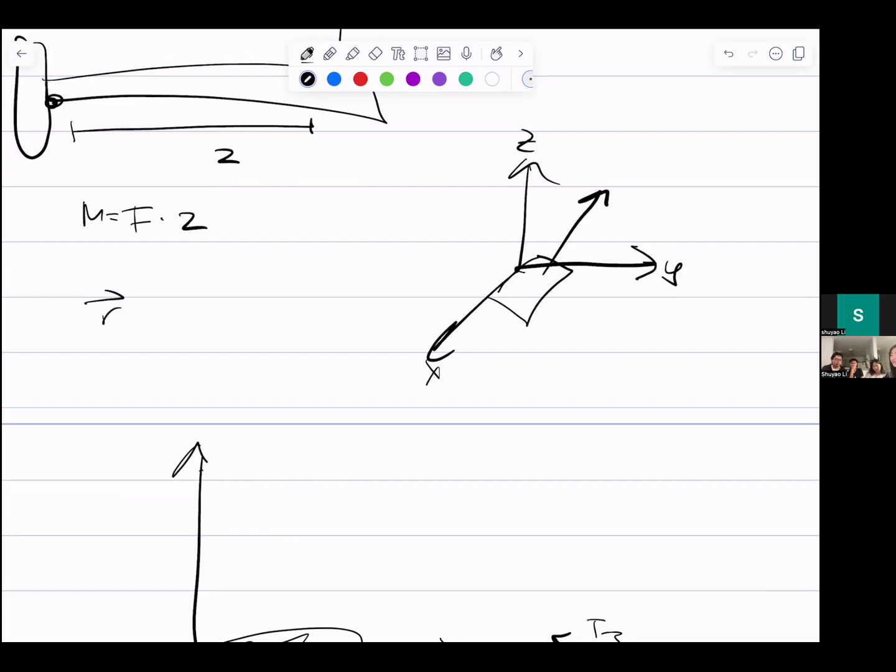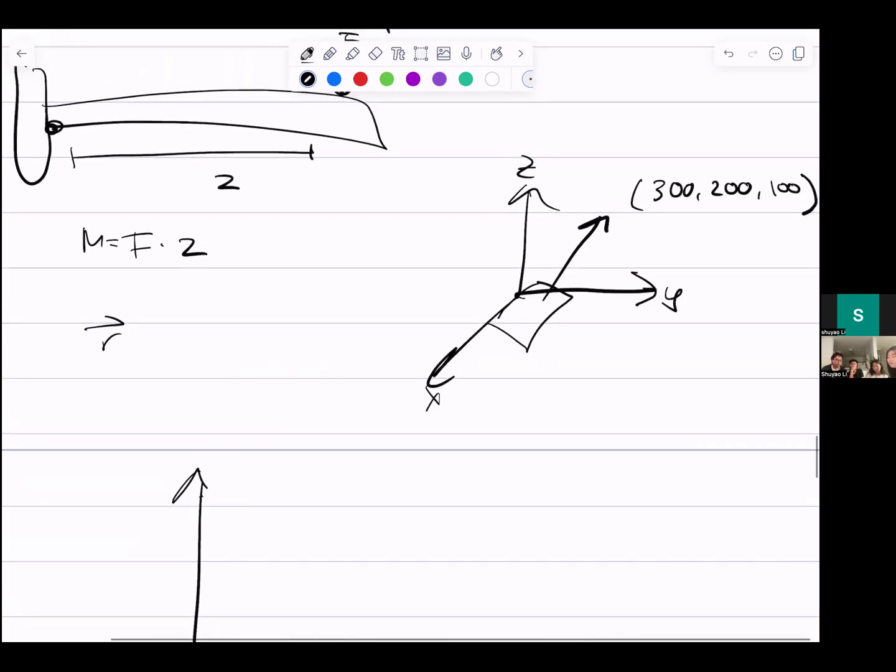If we were given the coordinates, you could say it's like 300, 200, 100. That's not very accurate to scale, but we would take the unit vector and multiply it by the magnitude of this force in order to get three components so that we could put it in this cross product like this. And then again, we have coordinates, so the moment arm can be represented in 3D with the coordinates, 300, 200, 100, if we were going to take it about this origin. So that would be the moment.